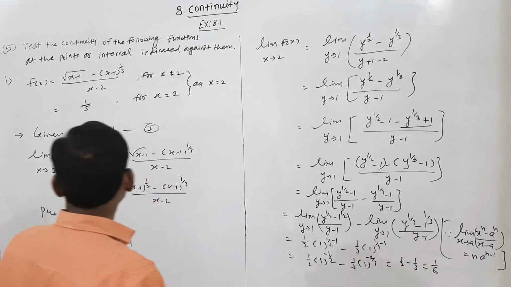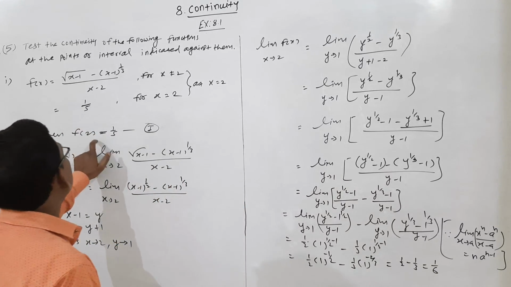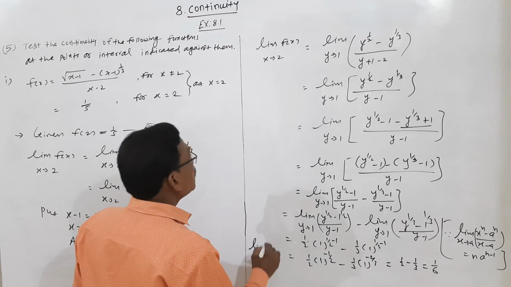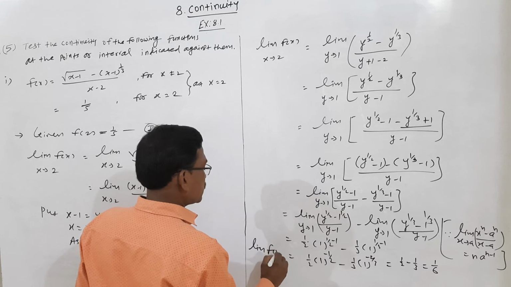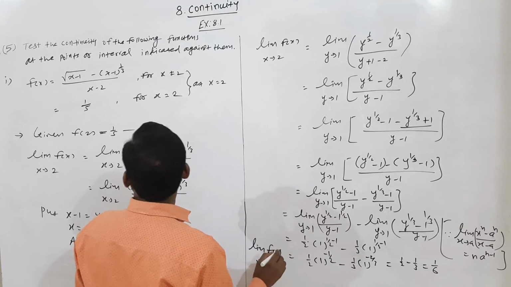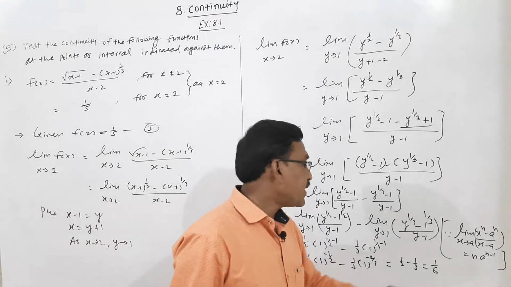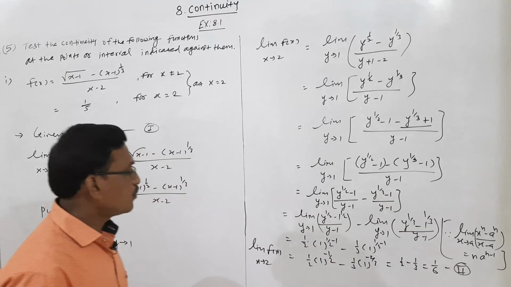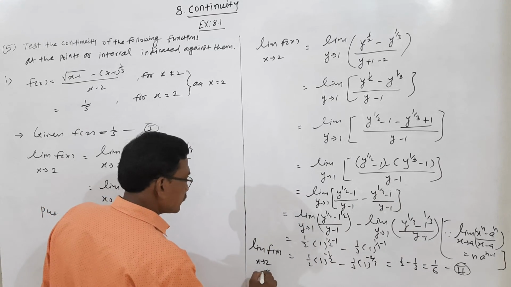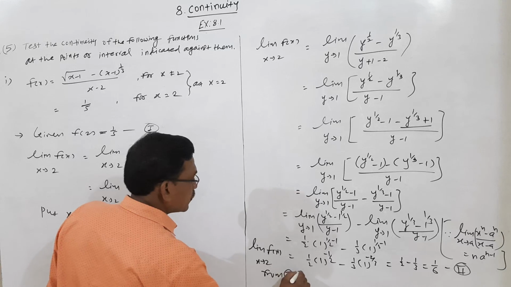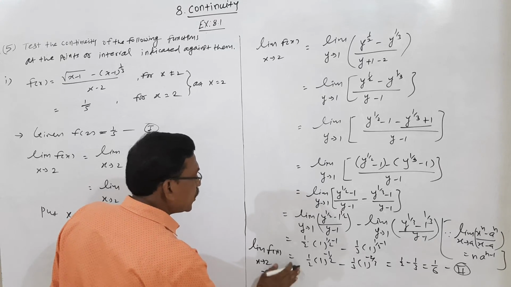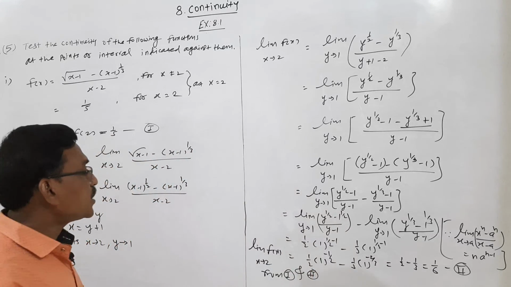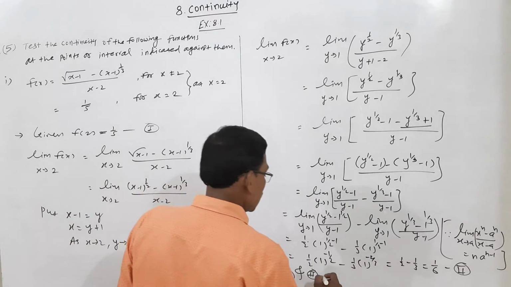F of 2 is 1 by 5, and the limit of that function is 1 by 6. The limit of f of x as x tends to 2 is equal to 1 by 6; call this equation second. So from equations 1 and 2, the right hand sides are not equal, therefore the left hand sides are also not equal.